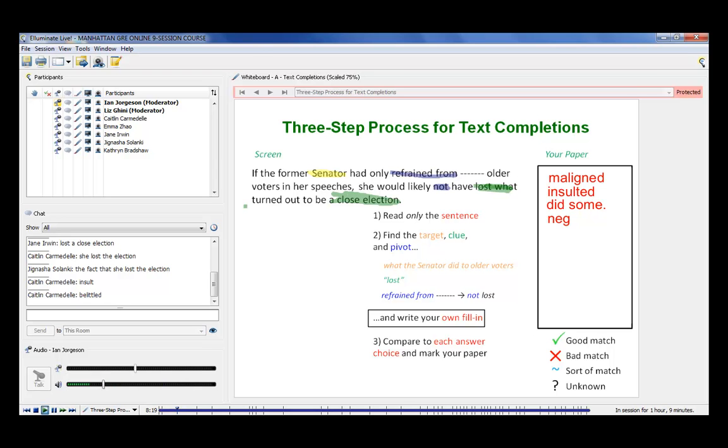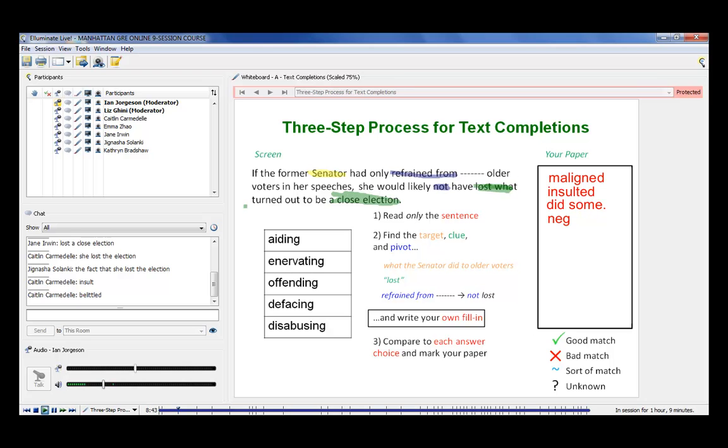If all we do is plug the answers into the blank or blanks, then what we're really doing is we're just listening. We're using our ears to see what sounds the best. But we don't really care about that. It's not about what sounds the best from a literary standpoint. What matters is, what is the sentence trying to say? Which word completes the sentence in the most appropriate way?